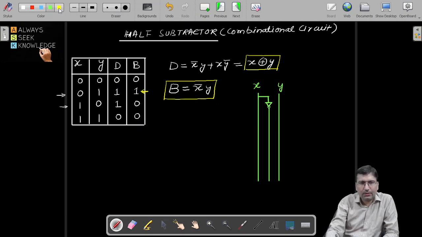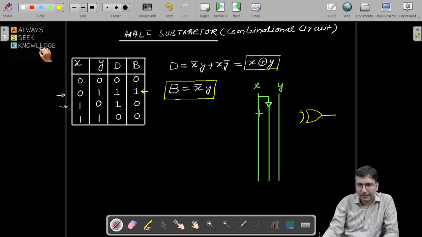Now this is very easy to draw. If I draw for D, D is having XOR. Let's take the XOR gate. You take x and y input.